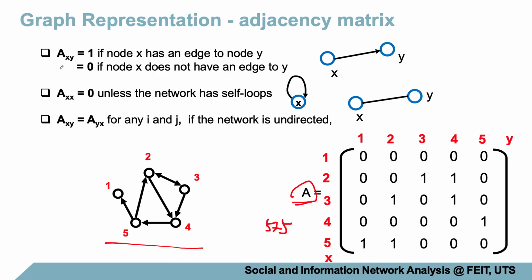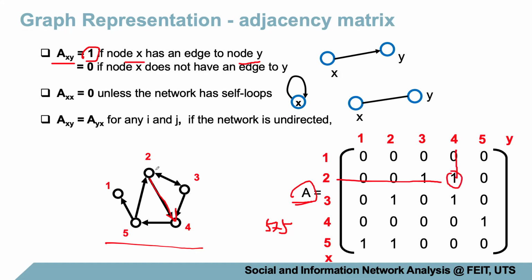So how do we fill in the matrix? For the item A_XY, if a node X has an edge to node Y, then we set the value as 1. For example, for vertex 2, we have an edge from 2 to 4, then we set this 2, 4 value as 1.